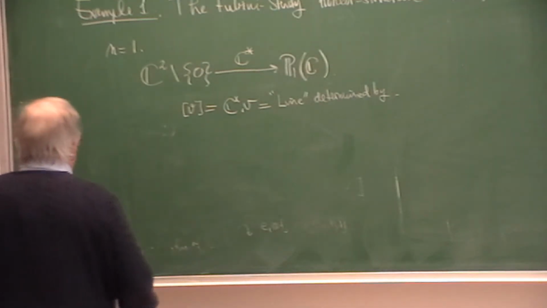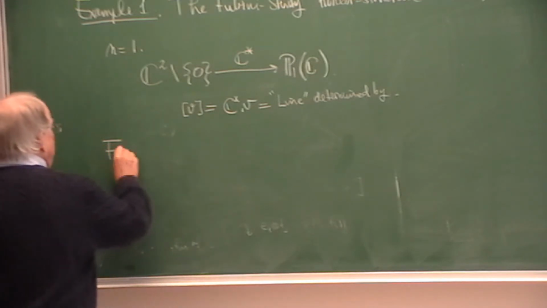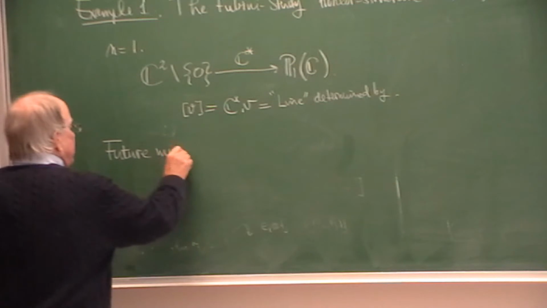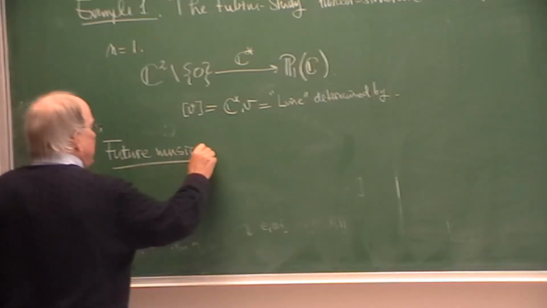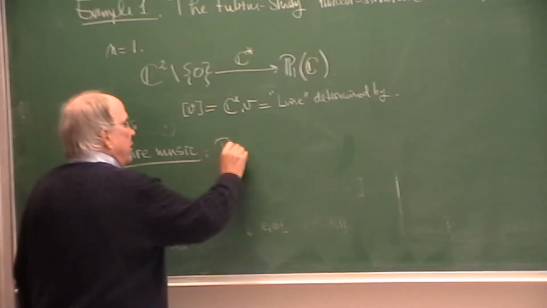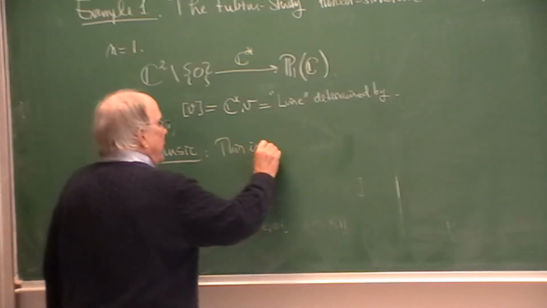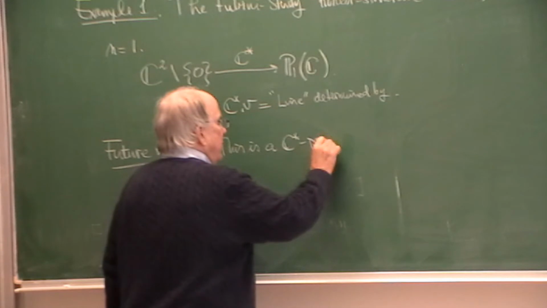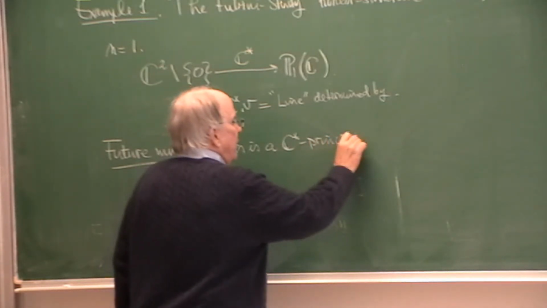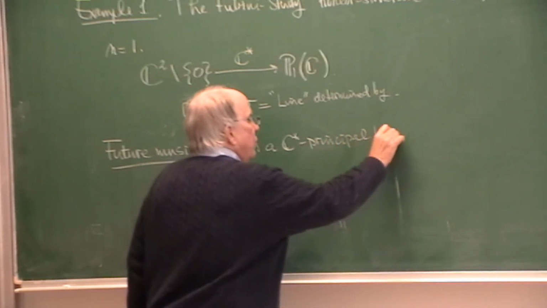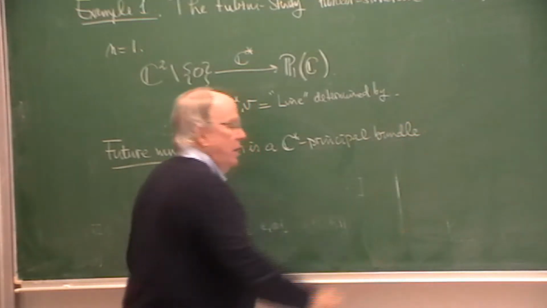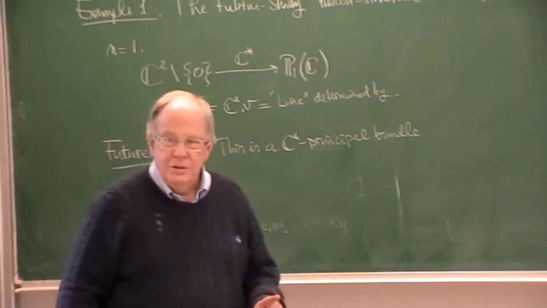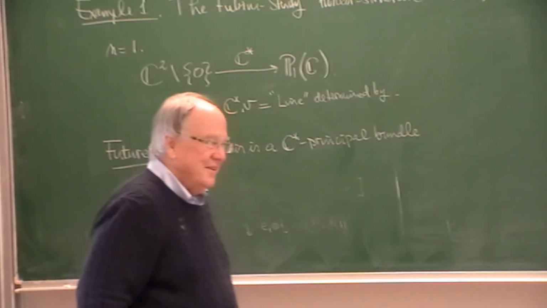Now, a little bit of future music, just so you get used to some of the words. This is a C star principal bundle. You've heard the word principal bundle, and this is the first time you will see a good one. Okay.